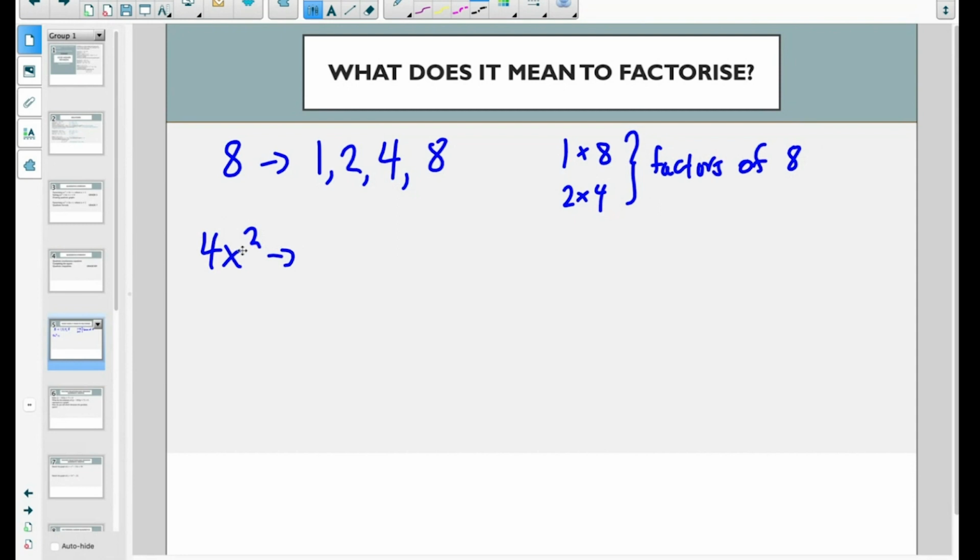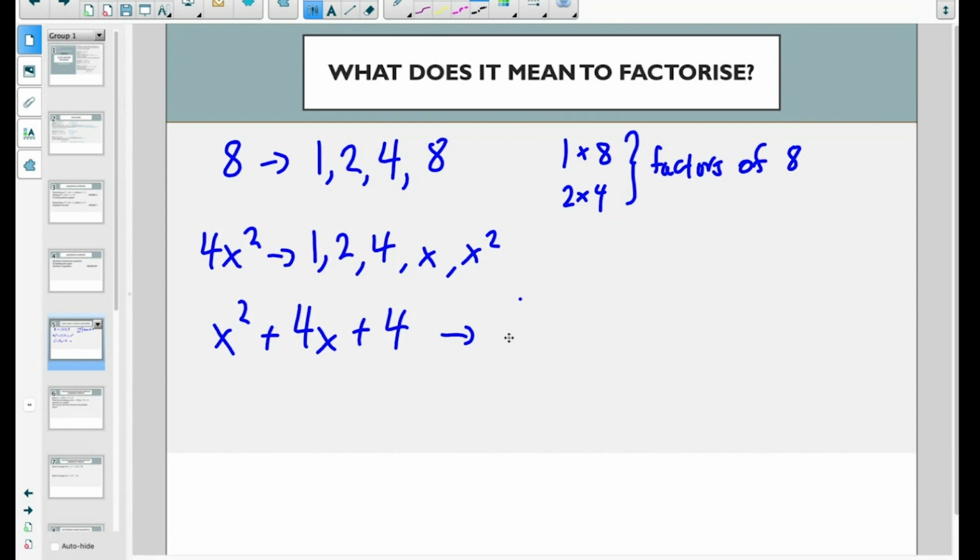All right. Moving on, we can move into more complex terms, such as 4x squared. So our factors of 4x squared, well, we can have 1, 2, and 4. We can have an x in there as well as an x squared, because these are all factors of 4x squared. Now, when it comes to something such as x squared plus 4x plus 4, we can actually factorize this as x plus 2 times x plus 2.